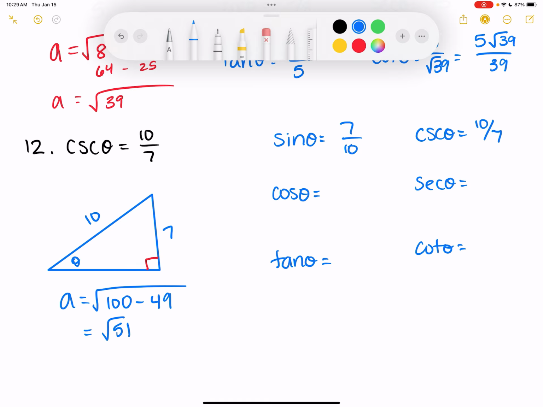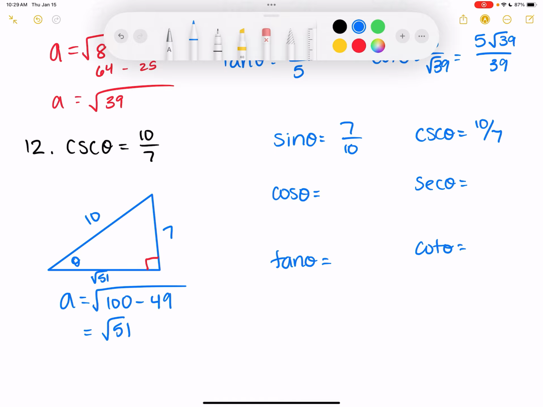Think about, can this be broken down? No. Can it? 3 can come out, I think. 17. It should be 17. But then still nothing's gonna happen. All right, so nothing else I can do with that, so I just have to leave it. I did not leave myself a lot of room. It's the square root of 51.